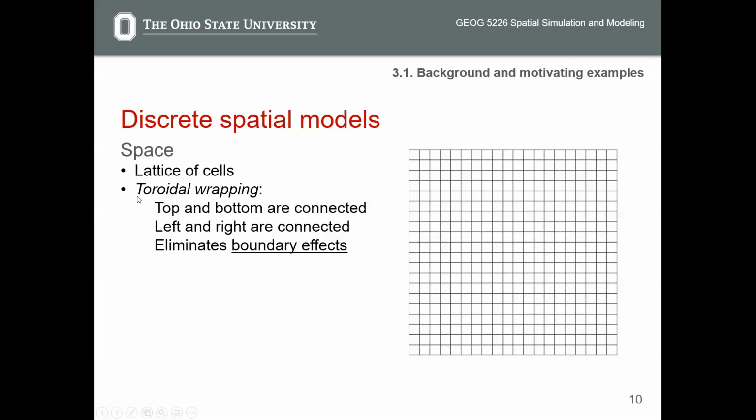So toroidal wrapping eliminates boundary effects, which means that if you are living on this board, you are an agent here. If you are moving to the very left of the board and stepping out from the left side, you will immediately appear on the right side of this board.